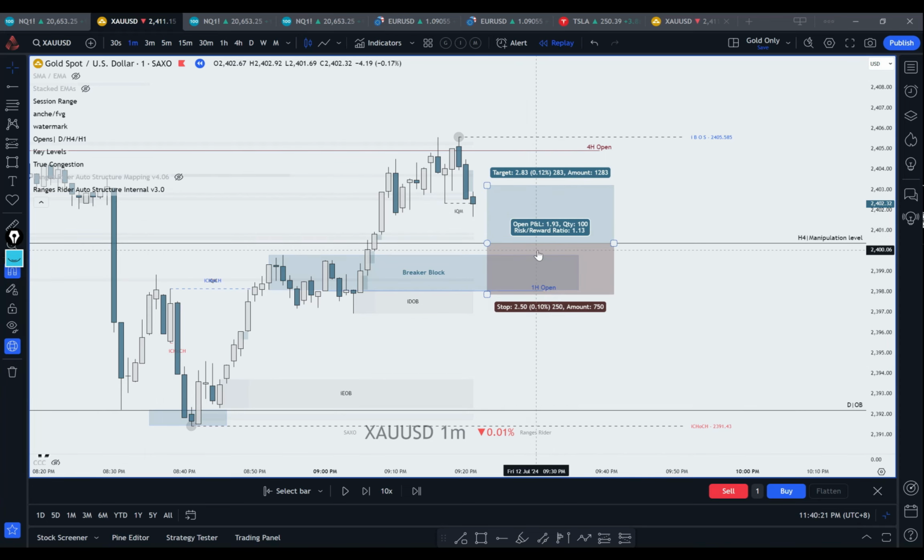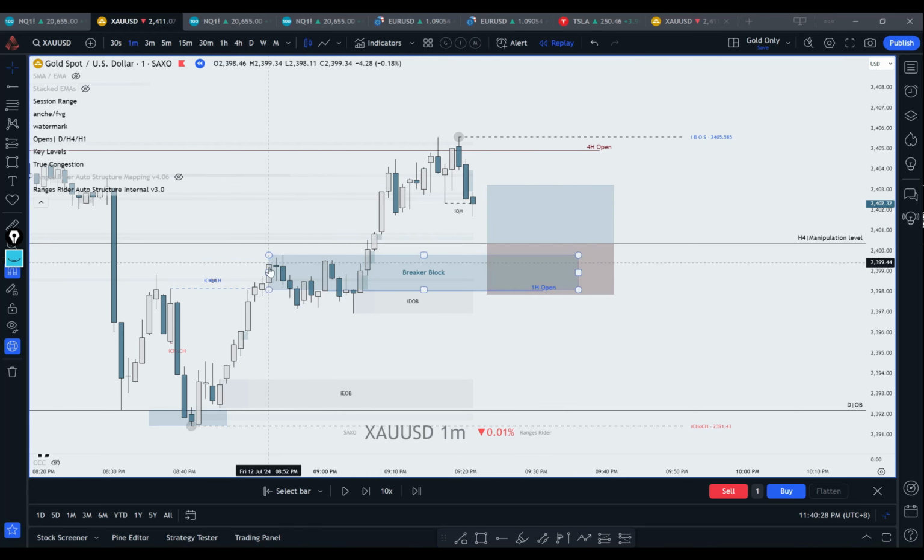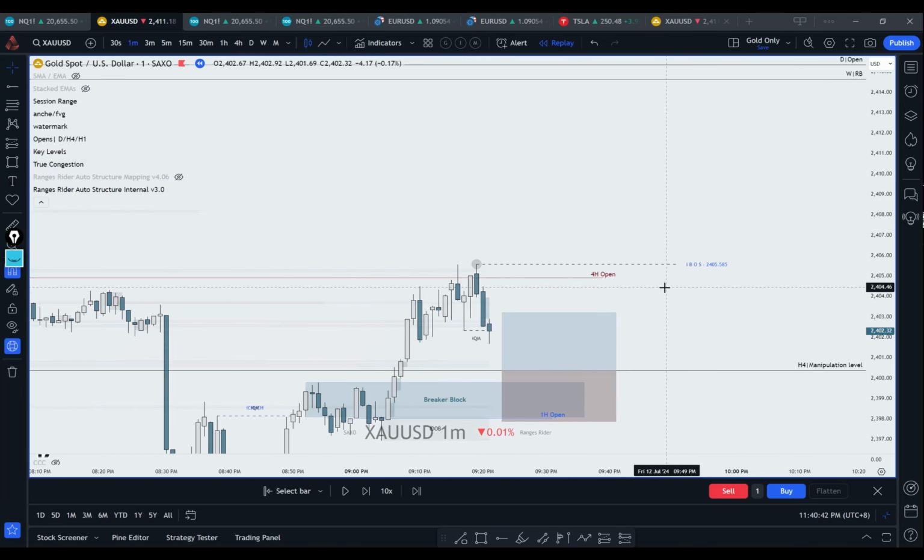So we now have our limit order here. And why is this the breaker block? Buy to sell. So this is the order block, and when an order block is disrespected, that turns into the breaker block. So now what are we looking for?